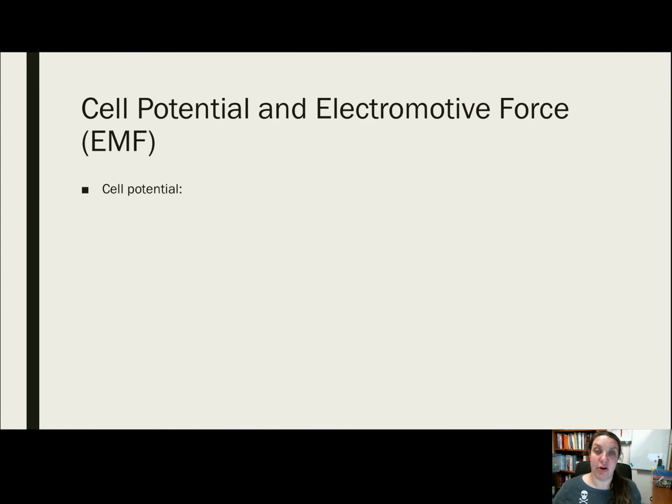Okay, so our cell potential, or electromotive force, is the force that pushes electrons from the anode towards the cathode.